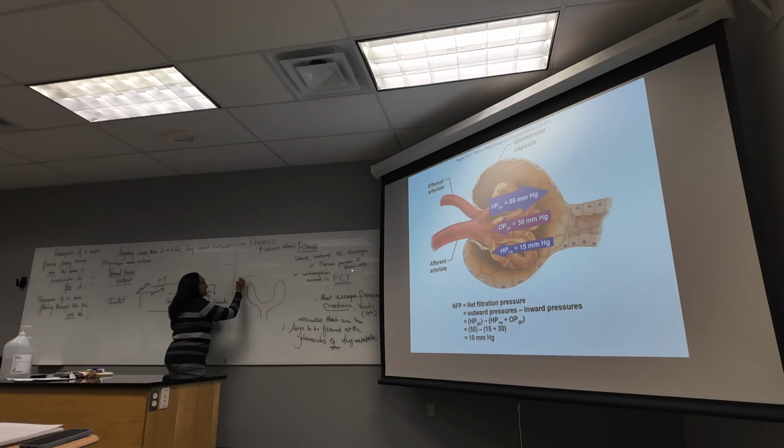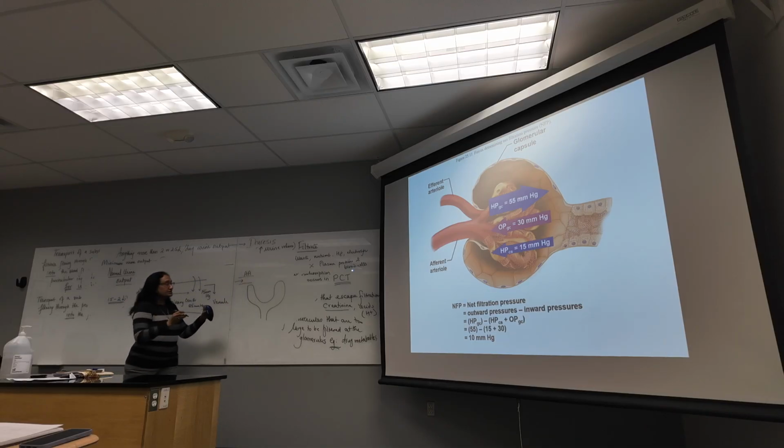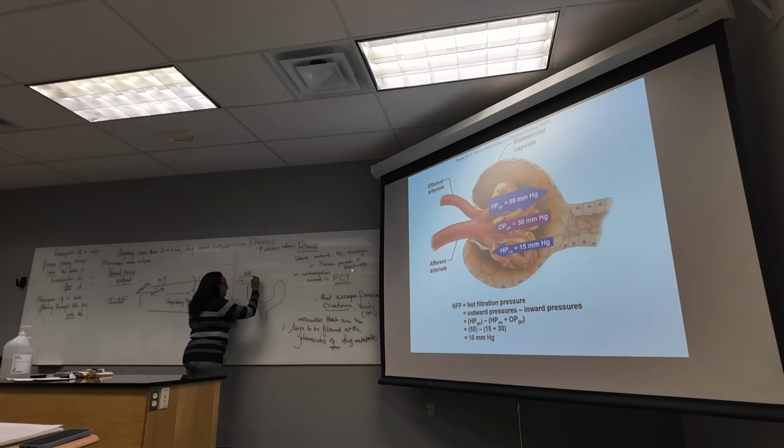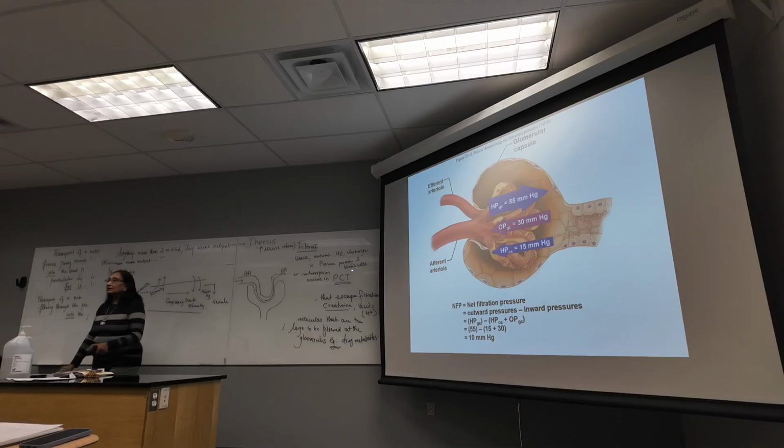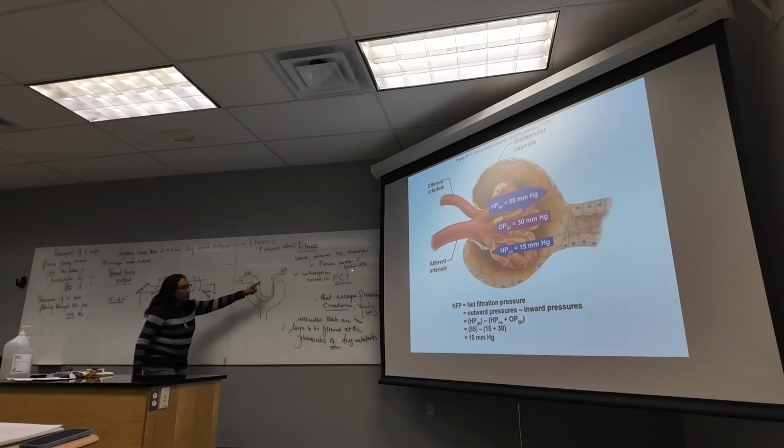Afferent arteriole brings the blood in. And then it goes through the glomerulus. I'm just drawing one capillary like that. And then you have the efferent arteriole through which the blood goes out and then it goes into the peritubular capillaries. The efferent arteriole is narrower than the afferent arteriole.